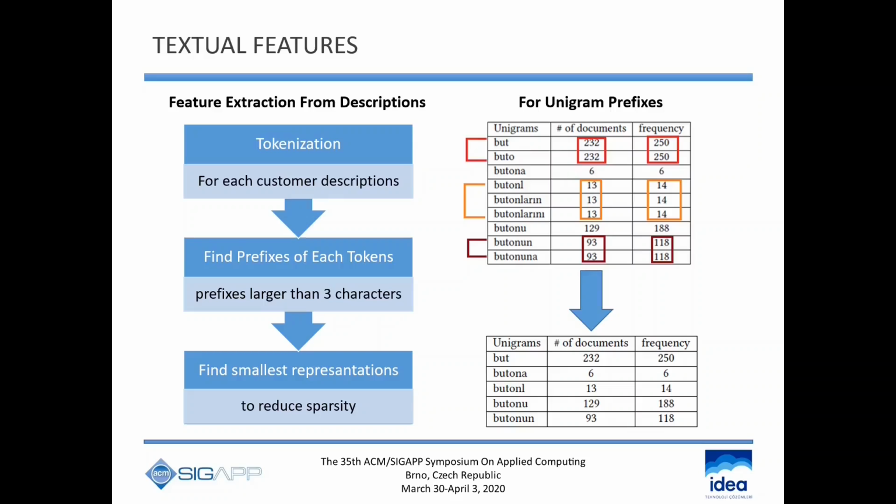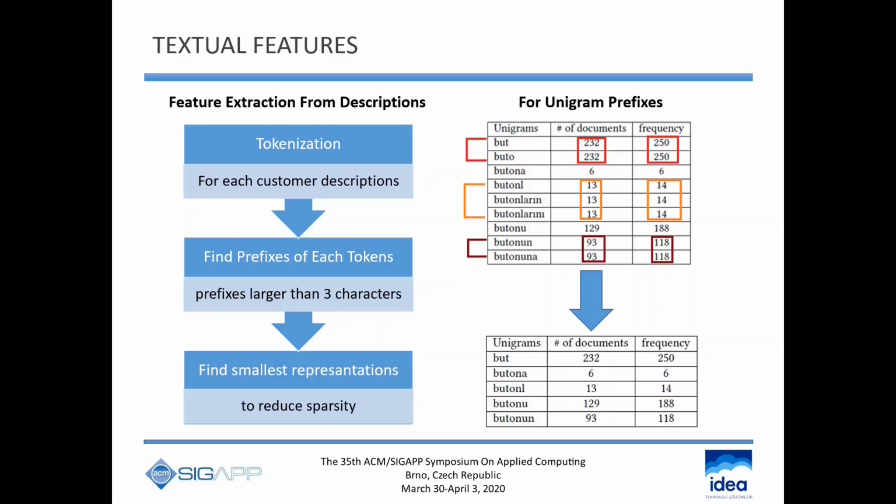At the top right, we extracted different prefixes, which are also unigrams, because it is just one word. We counted the number of documents each word passed, and also how many times it passed in these documents. After collecting this information, we can find the smallest and most common representations of words. If you look at the first 2 words, but and buto, they passed in the same number of documents with the same frequency.